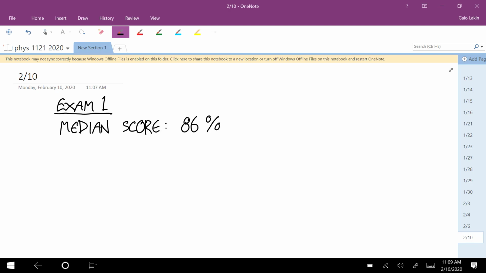Okay, so that's a really big fraction, and I would love to have that be zero. And so I want to talk about how you should look at this exam score.